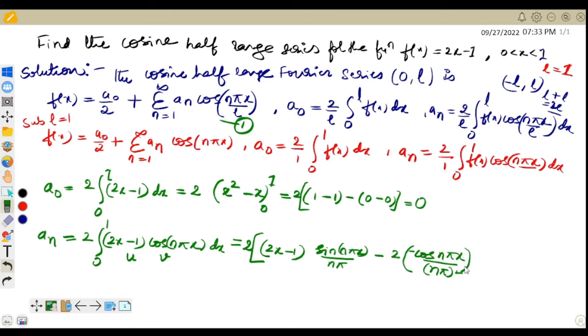Next, differentiation of 2 is 0, so we stop this procedure, between the interval 0 to 1.